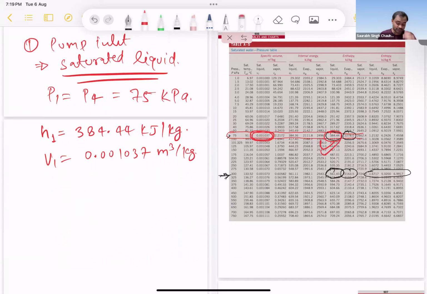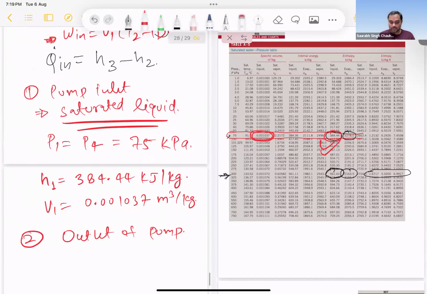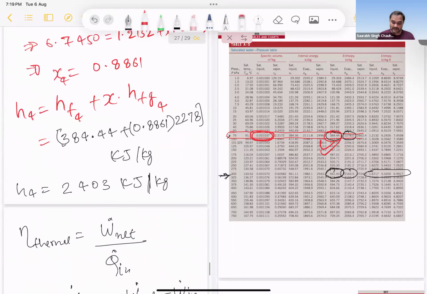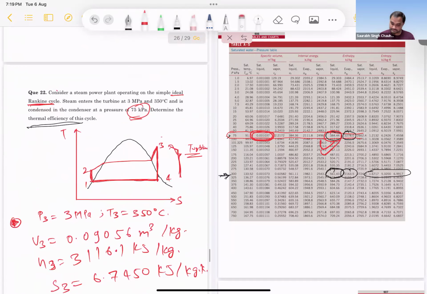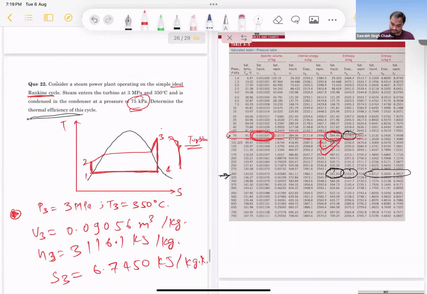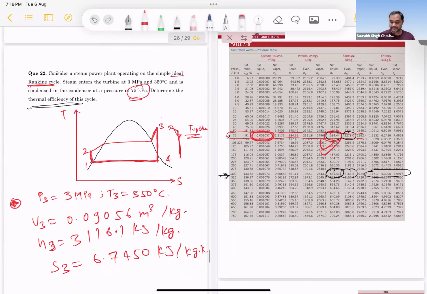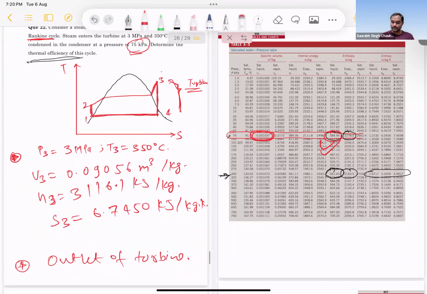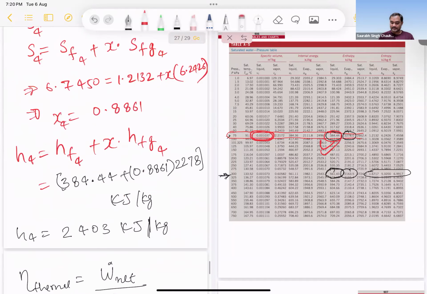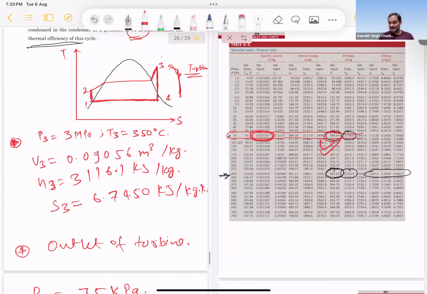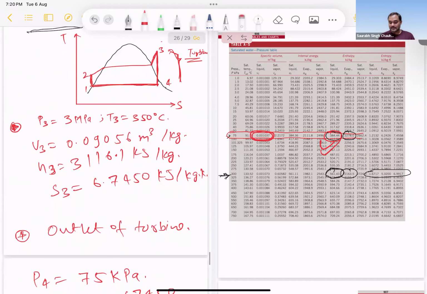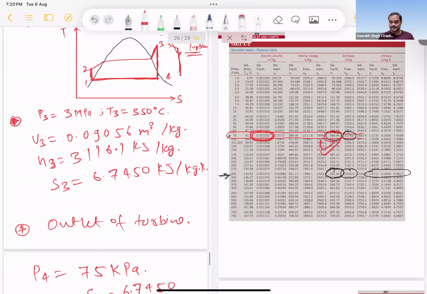So now what else we need? Now we need values at 0.2, outlet of pump. Outlet of pump means inlet of boiler. So what is given in the question about outlet of pump? Nothing is given. Okay, no problem. At 0.2, we know that pressure at point 2 and pressure at point 3 will be equal because the heat addition process in boiler is isobaric.